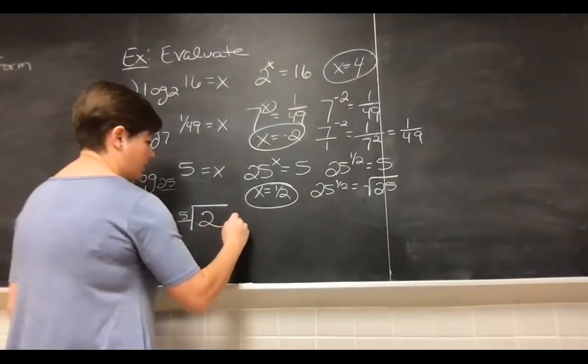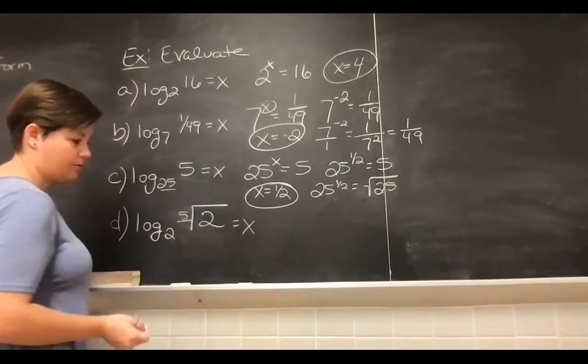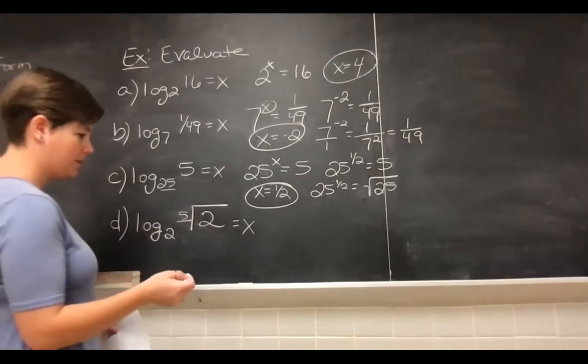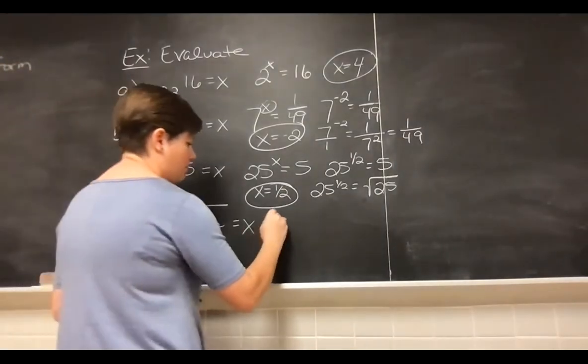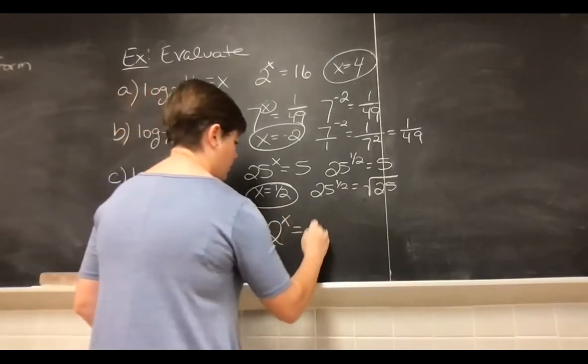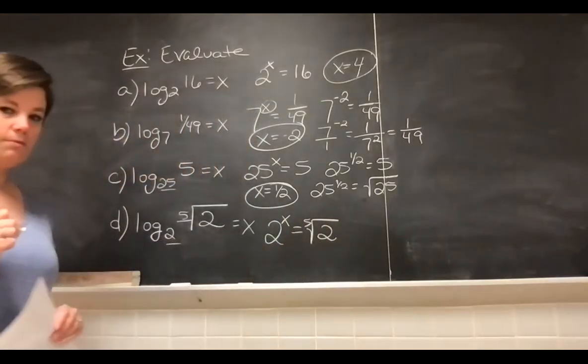Okay, last one. Log base 2 of the 5th root of 2. Well, that sounds really gross, but it's actually not horrible, I promise. So the base becomes the base, the answer becomes the exponent, and then we have the 5th root of 2.